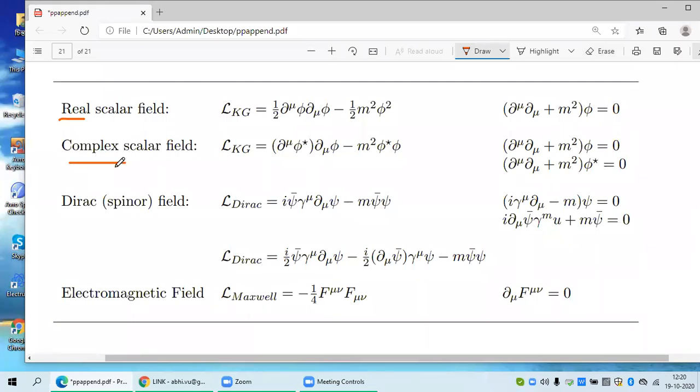That means if some particle is described by a complex scalar field, that particle should carry an electric charge, and phi star will represent the antiparticle, one with positive charge, the other with negative charge. Pi plus and pi minus are represented by a complex scalar field, whereas the real scalar field is represented by pi zero. All of them are spinless.